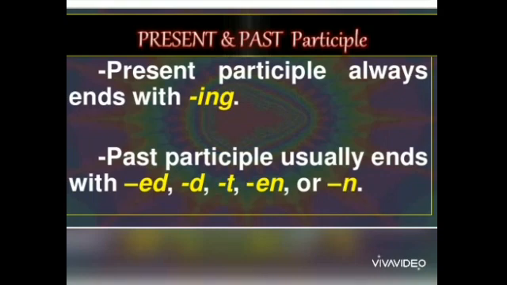For example, I saw a boy pulling a bag with great difficulty. In the sentence, pulling represents an action which is going on. Such verbs are called present participles. Second sentence, flattered by the praise, the peacock danced beautifully.